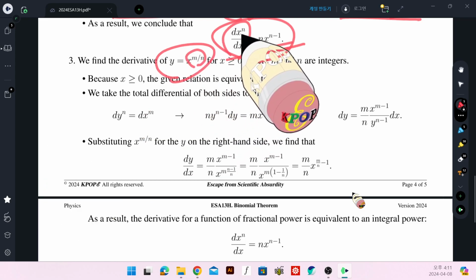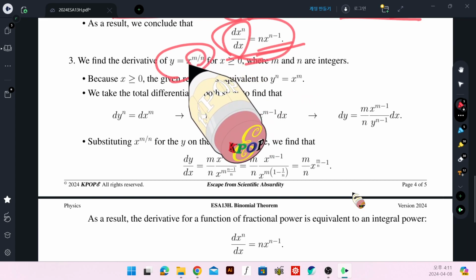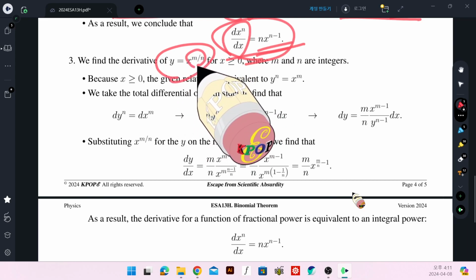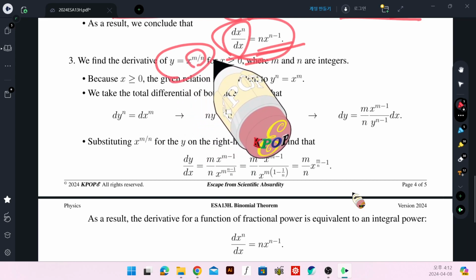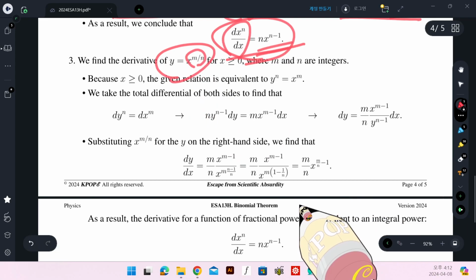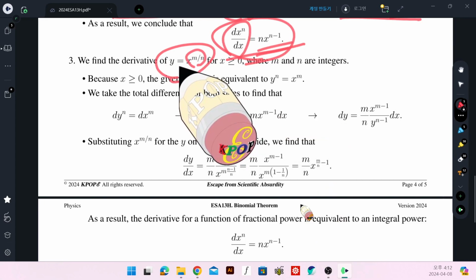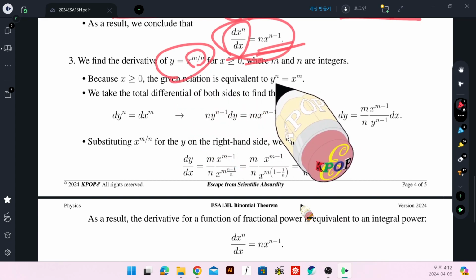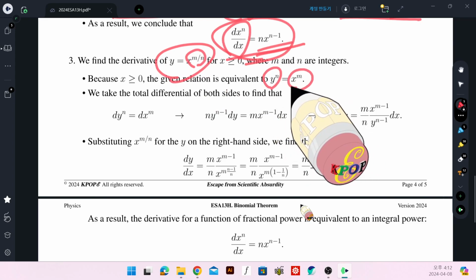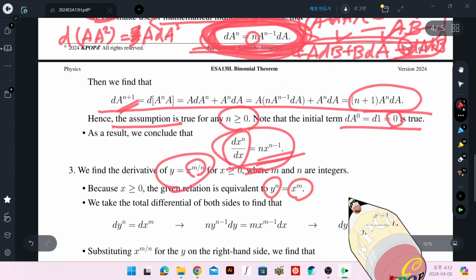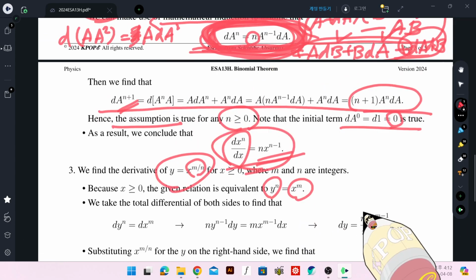We have replaced this integer with a rational number. For simplicity, we consider m and n are both positive integers. Okay, in that case, y to the n is identical to x to the m. We can make use of the result we just have found.